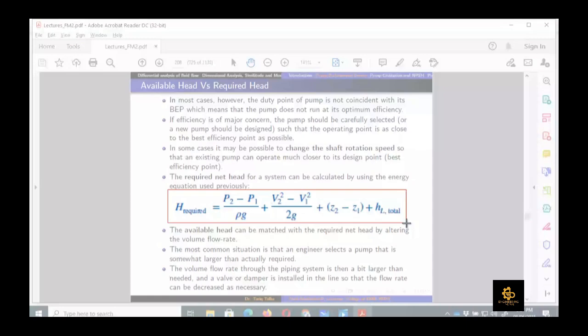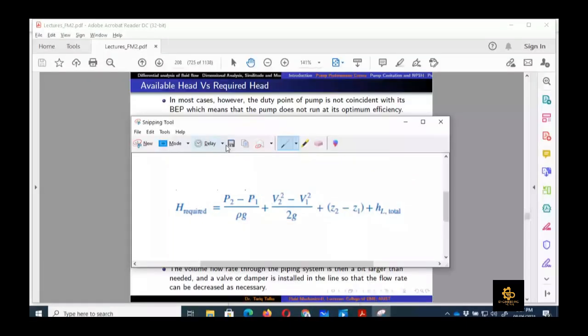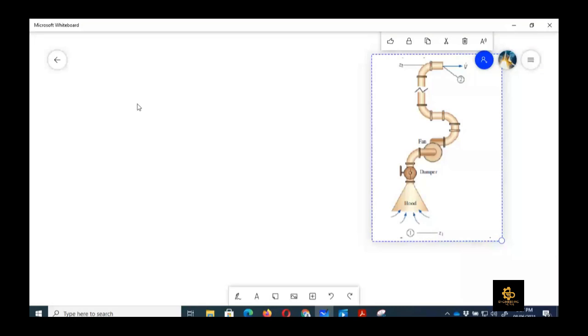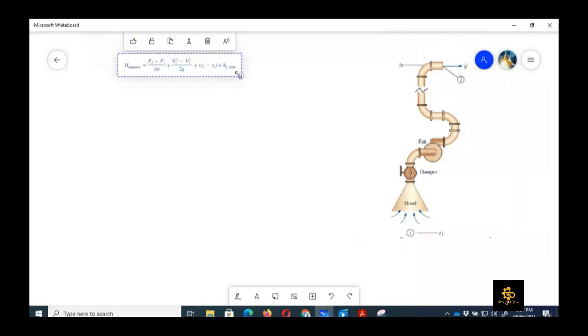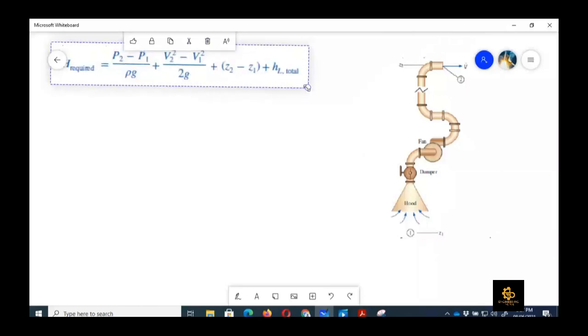So this is our equation, in which we need to put different values. If you see here, point 1 is far away from the hood, so we are talking about stagnation here.